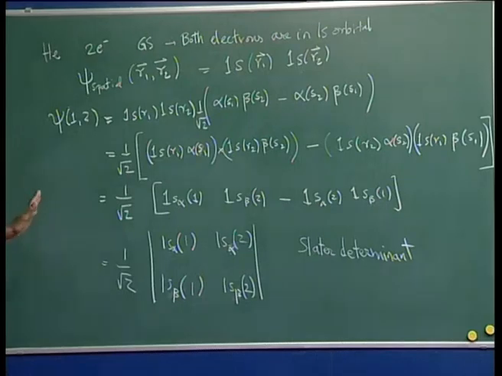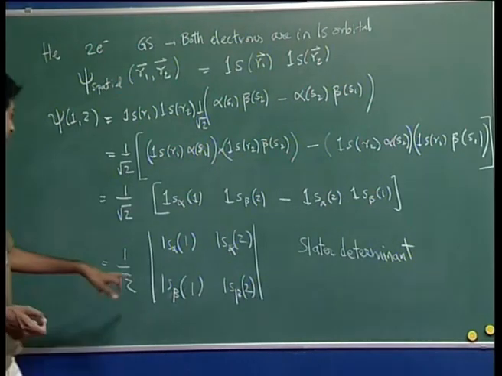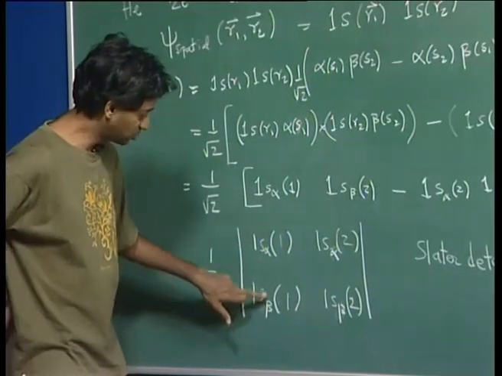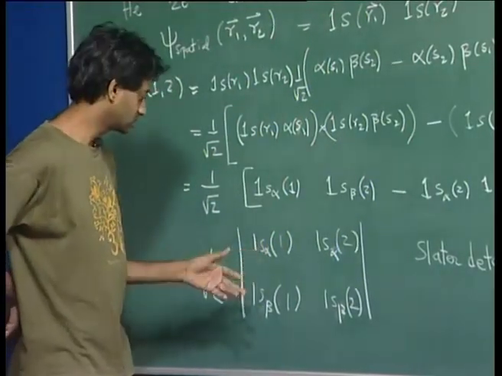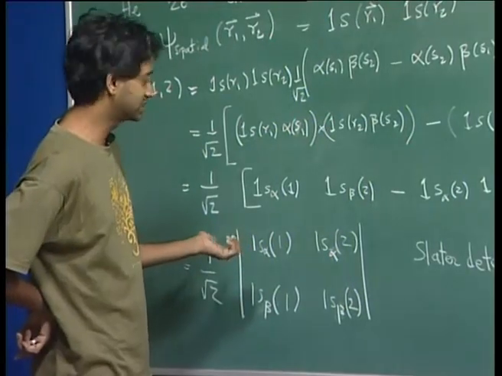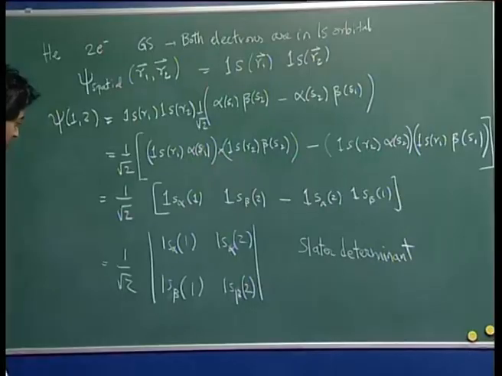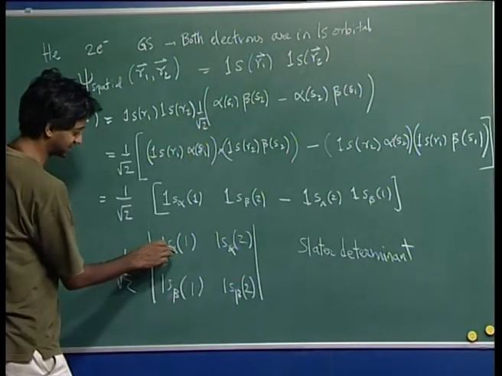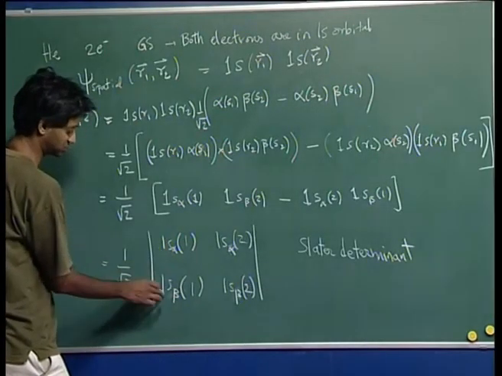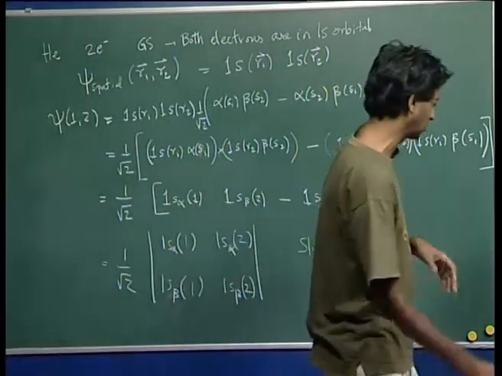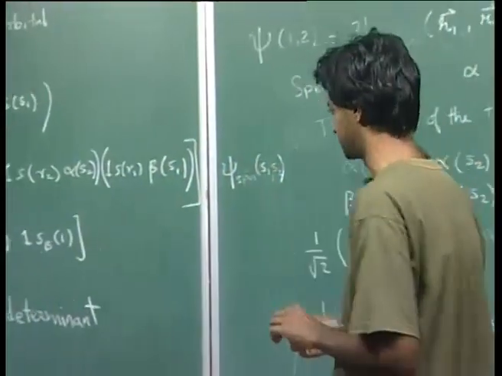Okay. So it ensures that the wave function that you have is antisymmetric, and you can do this even for other cases. This does not need to be 1s alpha and 1s beta, it can be 1s alpha and 2s beta. So you can do this for more complicated systems rather than just the helium atom.